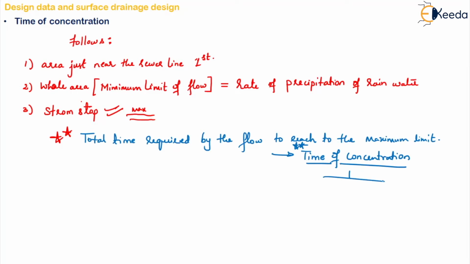Now, this time of concentration is divided into two parts. The first part is the time of entry, and the second part is the time of flow. Now, what is this time of entry?